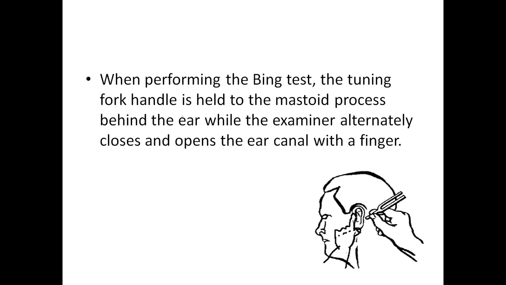So when performing the Bing test, the tuning fork handle is held to the mastoid process behind the ear while the examiner alternately closes and opens. Okay, this is very important. So the examiner will close the client's ear with finger, close and open. He will close and open alternately such that the perception will be a pulsating sound.